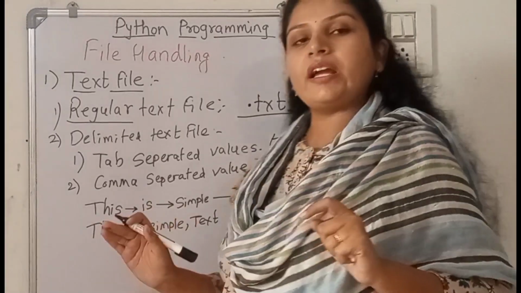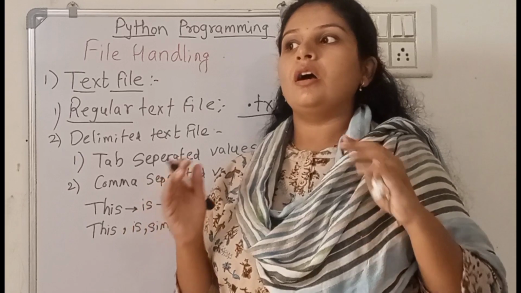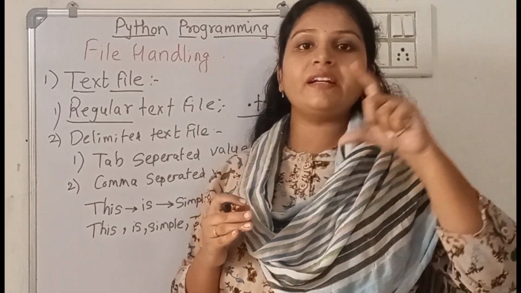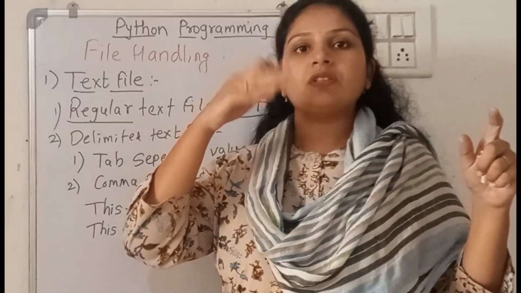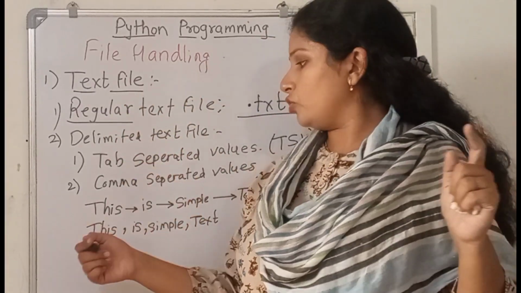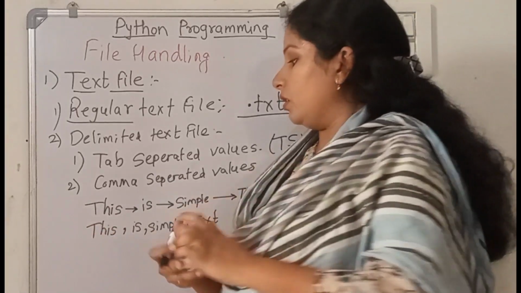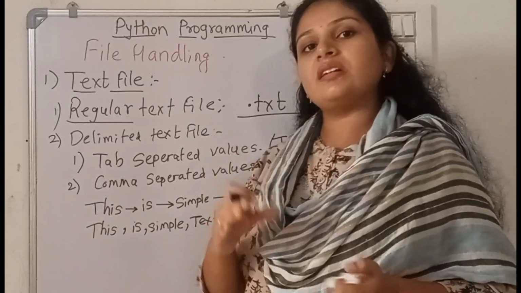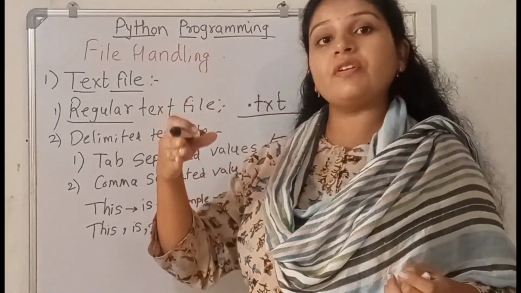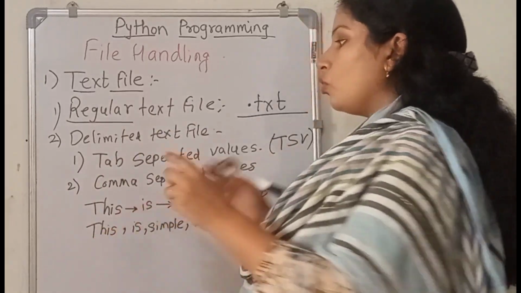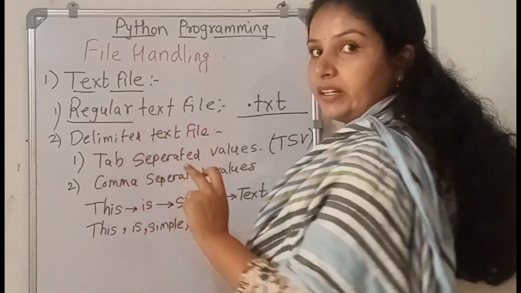These are the special type of files in which, when you are creating some log files, you are creating tables with some fields and attribute values, then you need to use the comma separated files. This may look as separated by comma, but we can consider it like specific or special fields for all the values. So these two are the delimited text file.